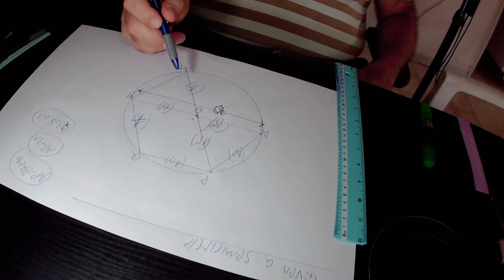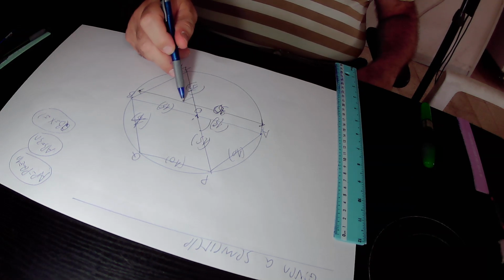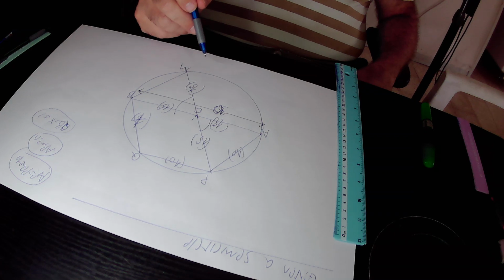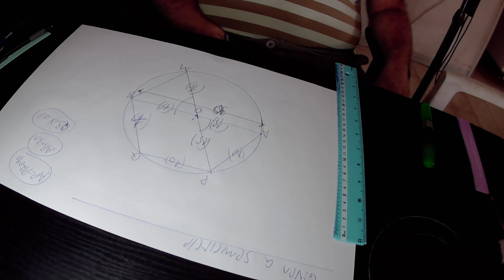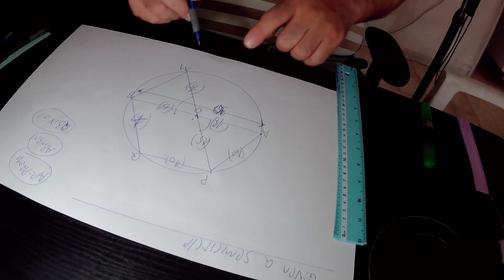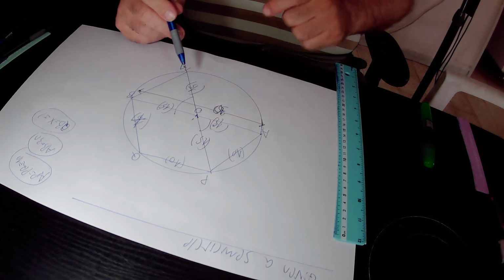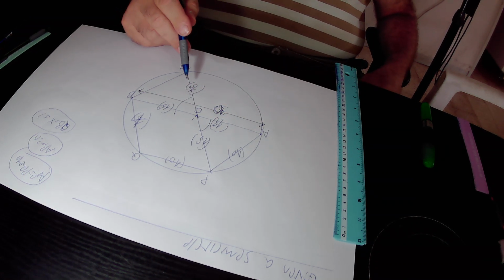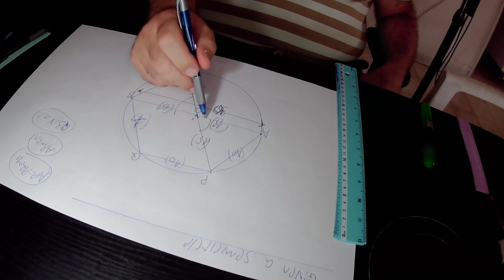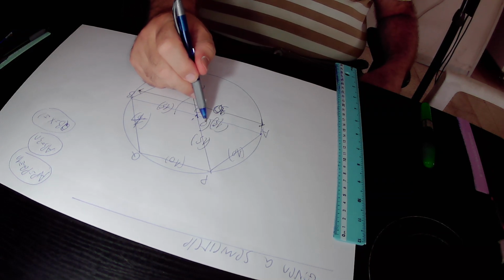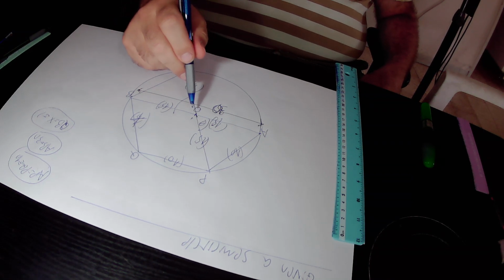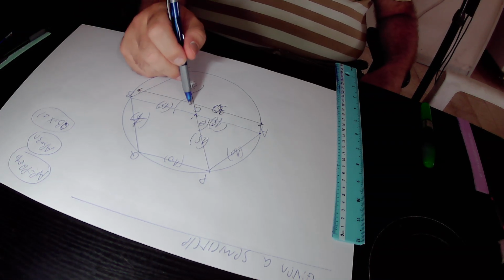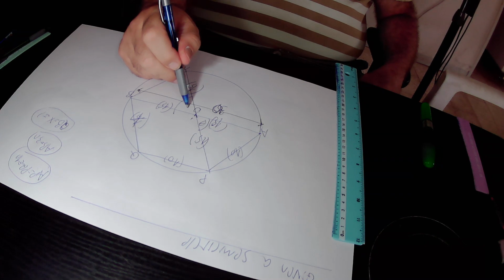This is angle BOM. Angle BOM is also a vertical angle. And we have the rule that vertical angles are equal to each other. So if we define the size of angle AOP as theta, then the vertical angle MOB must also be equal to theta, according to the rule that vertical angles are equal to each other.